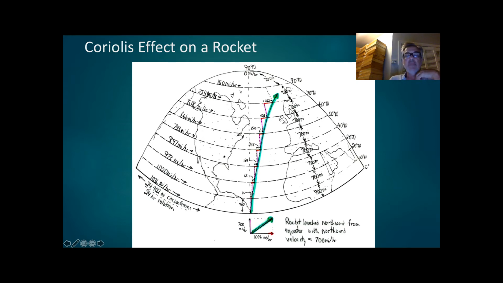So the rocket is moving to the east faster than the Earth is. As it continues north, it deflects more and more to the east relative to the Earth because its eastward velocity is greater. So that is why a wind leaving the equator and heading north would bend to the east, or alternatively, a wind coming south, a north wind, would bend to the west.